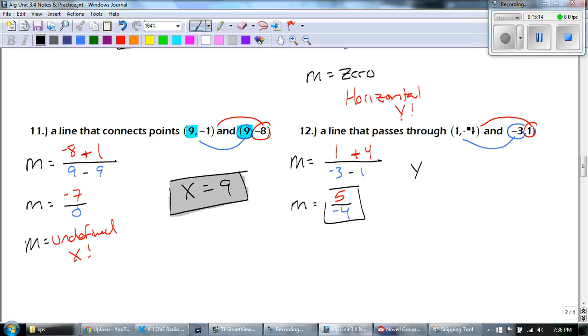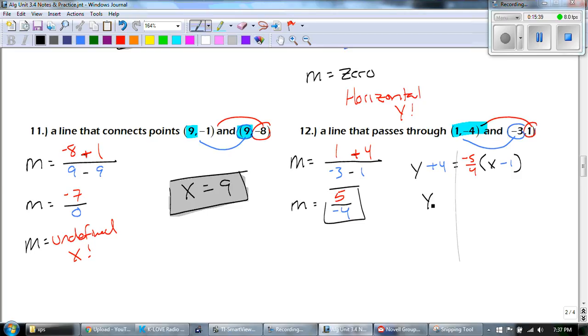All right. I'm going to use the point (1, -4). So that turns into y plus 4 equals my slope of -5/4 times (x minus 1). Okay, let's go ahead and solve.